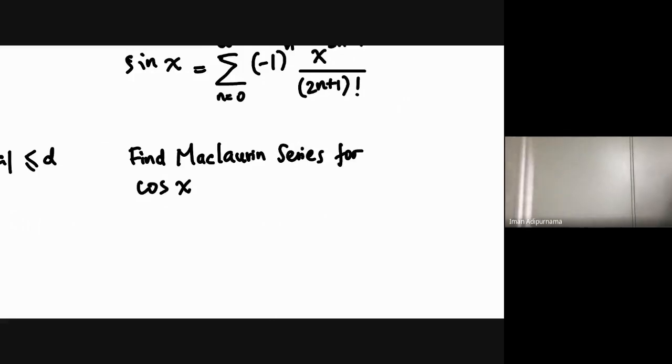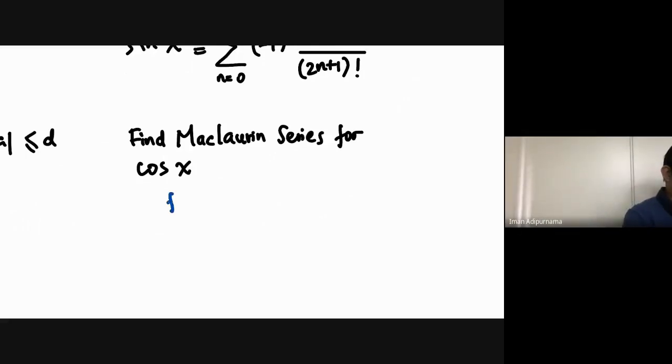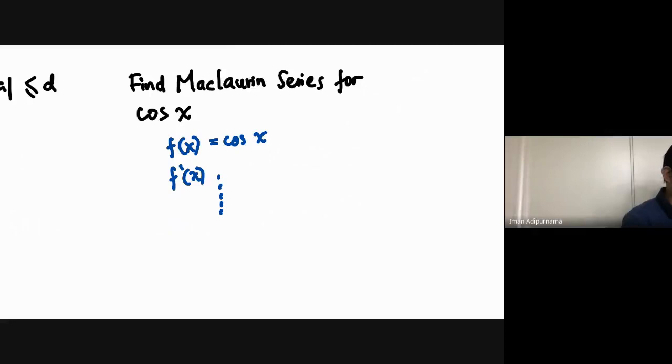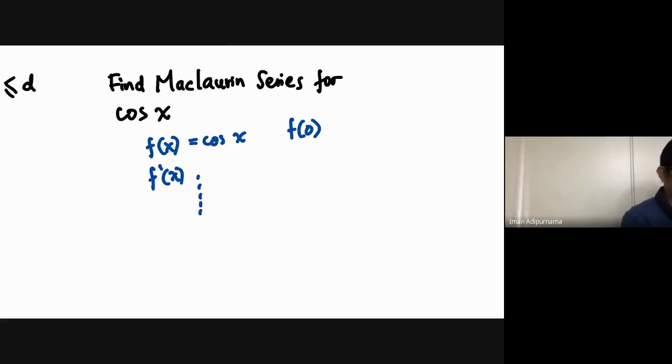Okay, so most of you, I think, understand how to use the series. So you can start by using this and try to find the derivative, maybe 4 or 5 times. Try to input the 0, it will be 1, right?